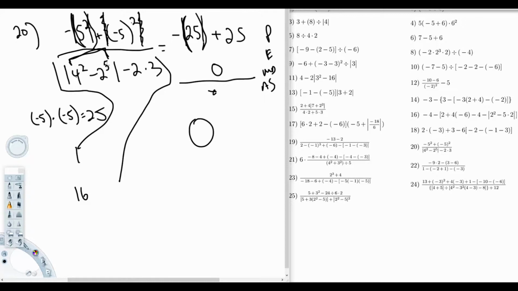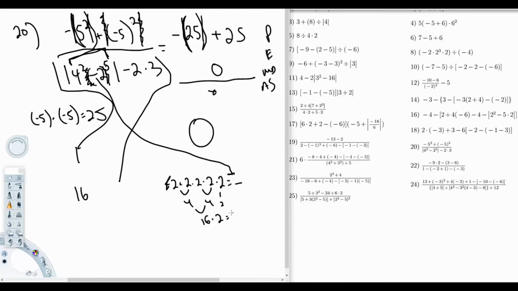Really what they're saying here is, since there are no brackets here, it's really minus 2 to the fifth. It's really 2 times 2 times 2 times 2 times 2, and then you have to add that minus there. So this is 4, this is 4, this is 2. This is 16 times 2 equals 32. So the answer is minus 32.